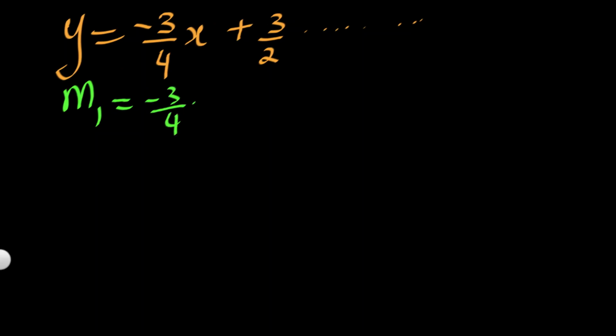We know our m1. We also know that the unknown line passes through the point (-2, -2). I'm just writing this. We need this point. Now from here, let's find the gradient of the unknown line. What we know is if we multiply its gradient by minus 3 over 4, we should get minus 1.